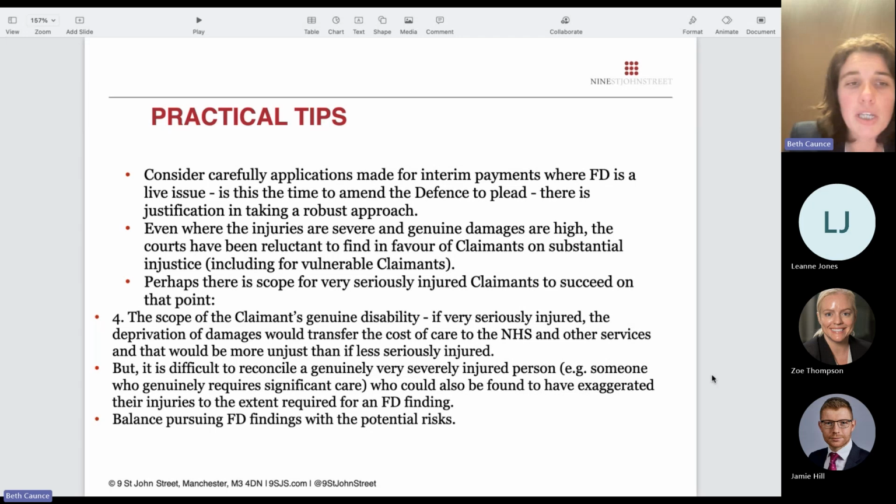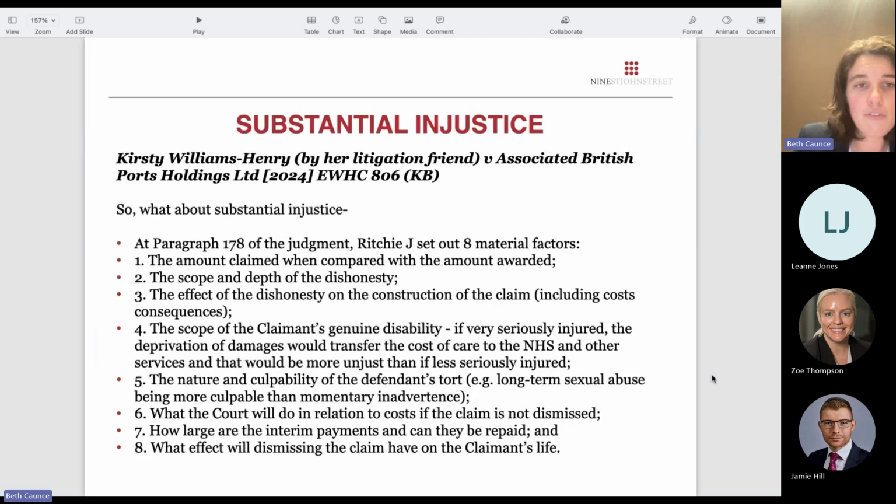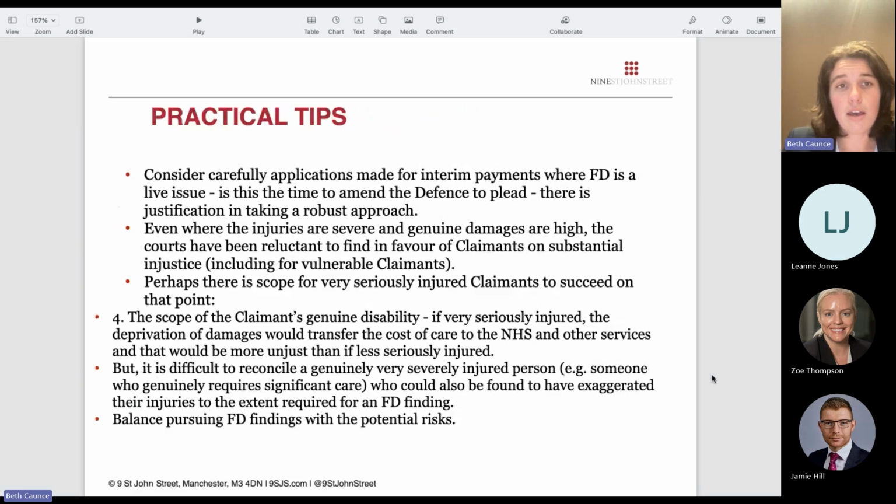And I'm thinking particularly, if we just go back very quickly to these points from the Williams-Henry case, point 4, the scope of the claimant's genuine disability. If very seriously injured, the deprivation of damages would transfer the cost of care to the NHS and other services, and that might well be considered unjust.